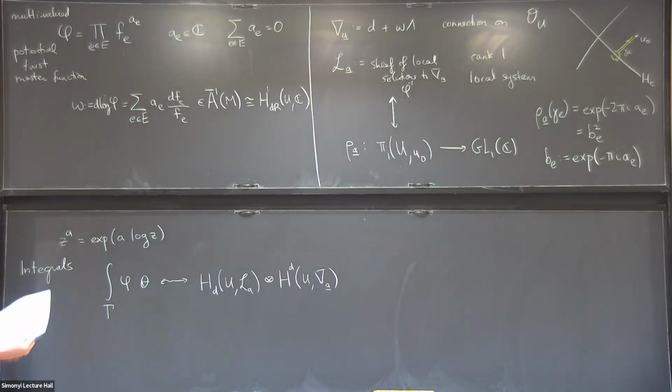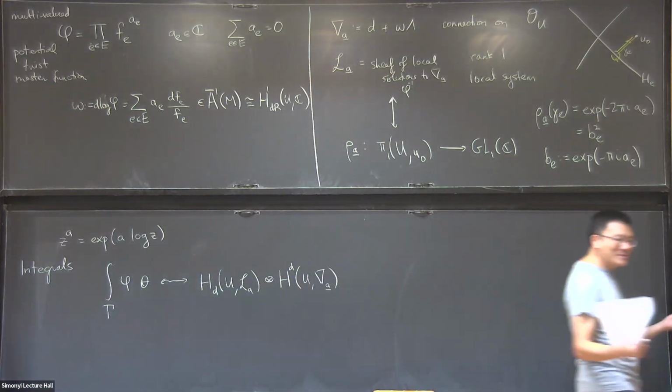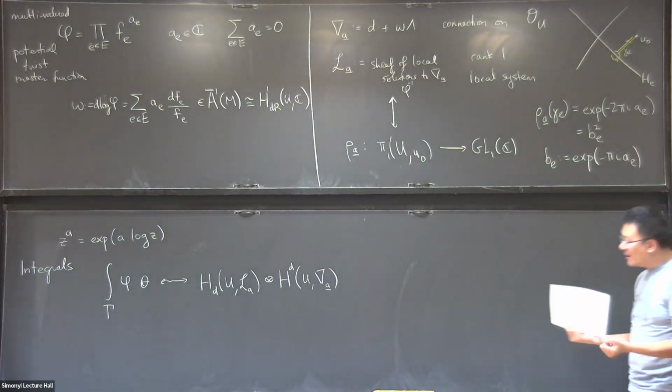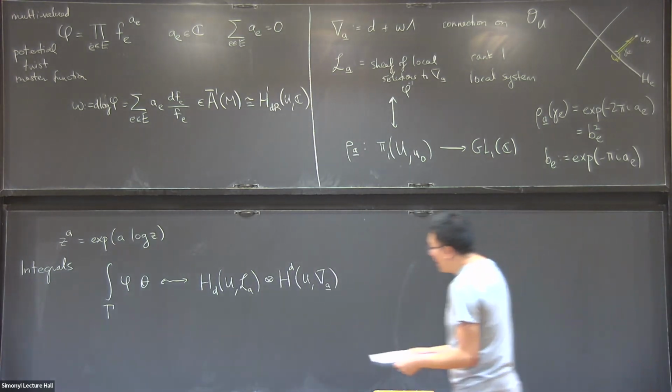So in usual homology, you take a cycle and you can pair it with a cocycle. The cocycle could be a differential form. If you take a differential form that is closed, and then you have a cycle, you can integrate, and that will be the pairing between cohomology and homology.